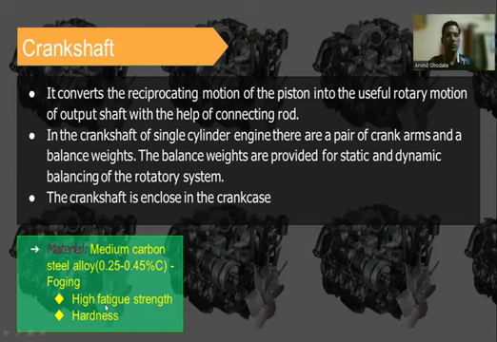Because of these two good properties, medium carbon steel alloy is the most suitable material for manufacturing the crankshaft. The main function of the crankshaft is to convert the reciprocating motion of the piston into the useful rotary motion of the output shaft.